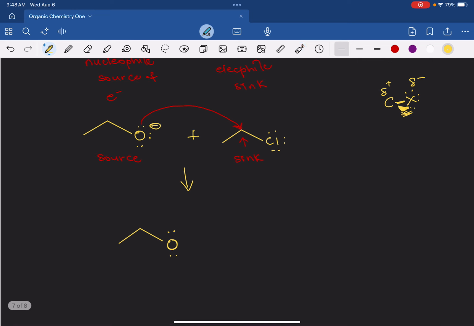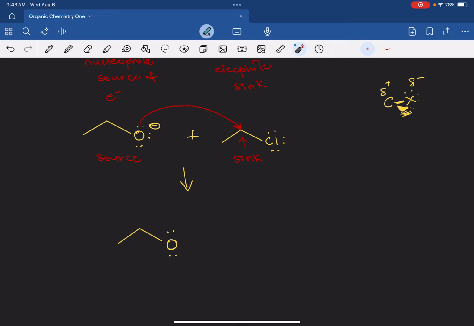Now I'm using these lone pairs right here. Remember, wherever the head of the arrow lands or ends up, it means you're forming a bond or a lone pair. And I told you from a lone pair to an atom, when the head ends on an atom, you're making a bond.